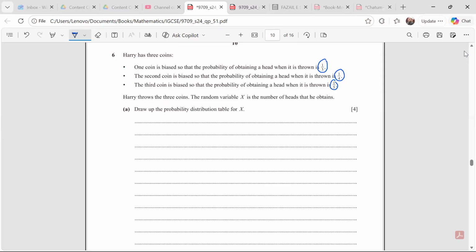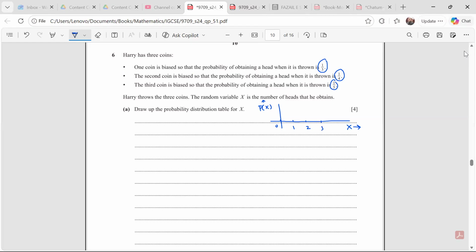What are they asking us to draw? They want us to draw this table, the value of x, and here the probability of x. Now, what is x? X is the number of heads. So it could be 0, 1, 2, or 3.